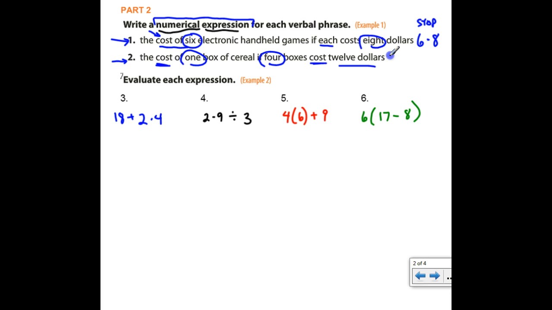So for the cost of one, I take that 12 and divide it by 4. If I regroup that 12 into 4 groups, I would have the cost for each one. So that is the expression, 12 divided by 4. Now, I prefer that you write division like that, this right here, 12 divided by 4, because I really want you to start to make the connection that a fraction is division. Okay, so there's your, again, numerical expression.